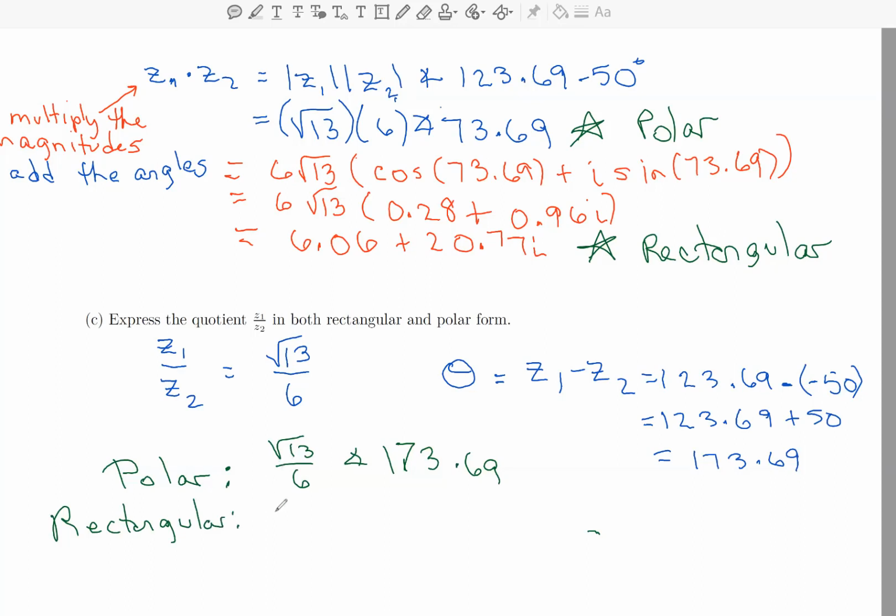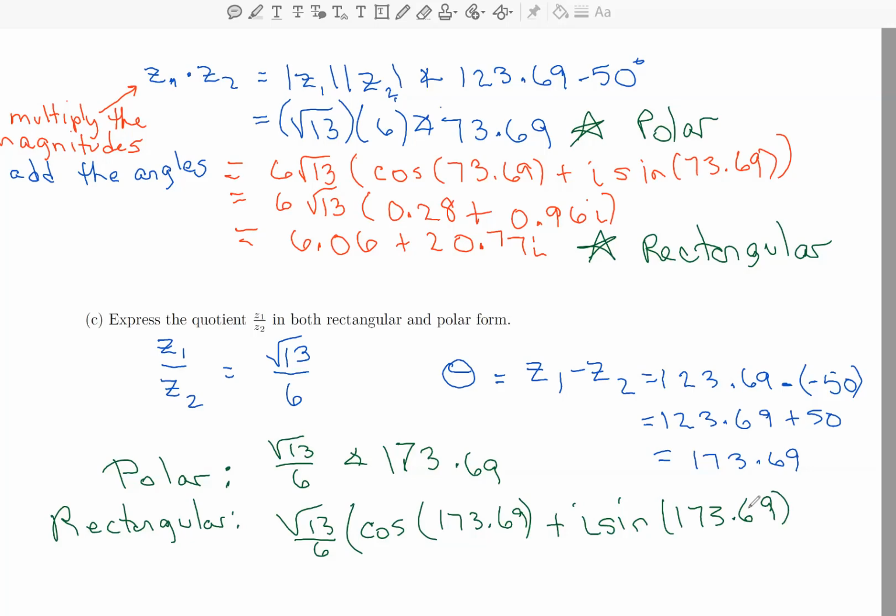In rectangular, we would say the magnitude of the division times the cosine of 173.69 plus i sine of 173.69.